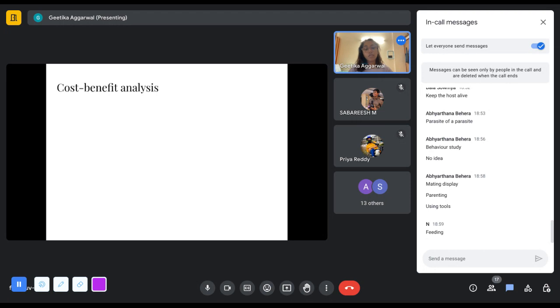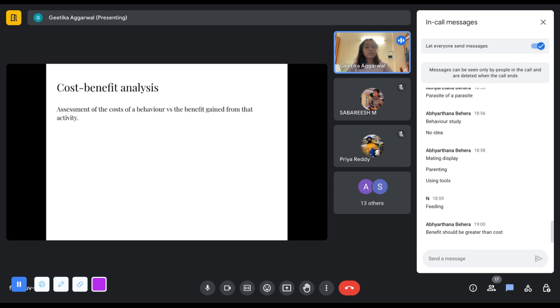Nobody? So cost benefit analysis would basically just be an assessment of what are the costs that I'm going to face if I perform this particular activity, and what are the benefits that I'm going to gain from this particular activity or behavior. Of course, it is common sense that if I'm going to perform a particular activity or behavior, the benefit that I get out of that should be greater than the costs that I'm accruing because of that activity.